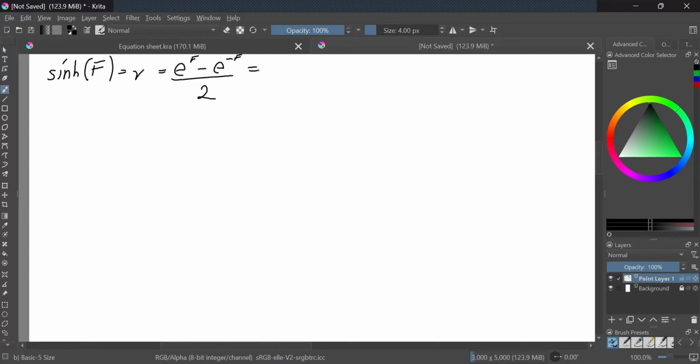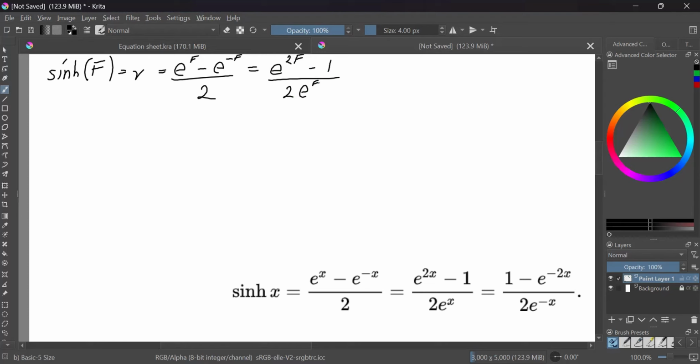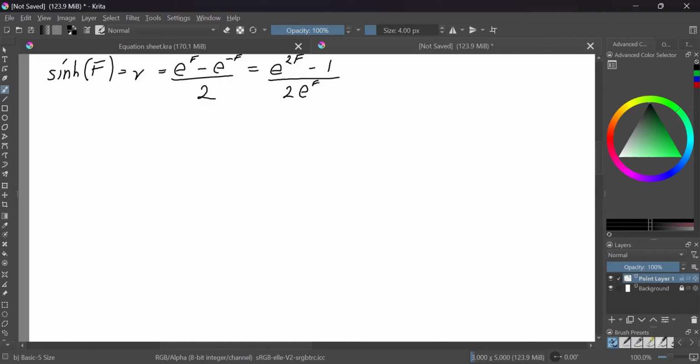So instead, we're going to write it as e to the 2f minus 1 over 2 e to the f. This is one of the alternative ways to write the hyperbolic sine function. Wikipedia, at time of recording, has 3. And if I can remember, I will also include a graphic of that just so you can see what they look like. But we don't really care about all the others at the moment.